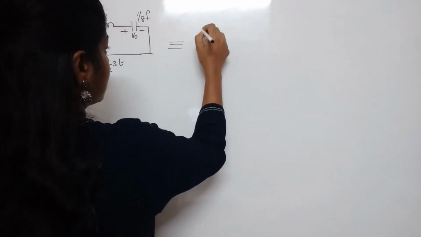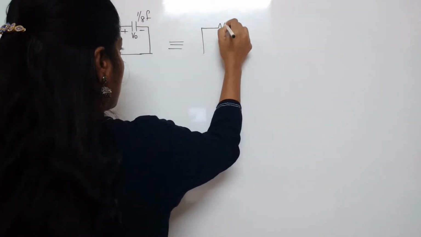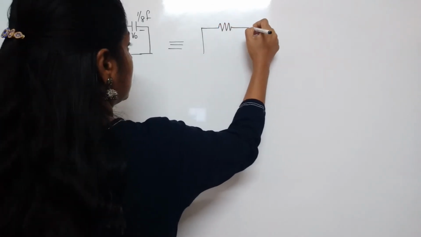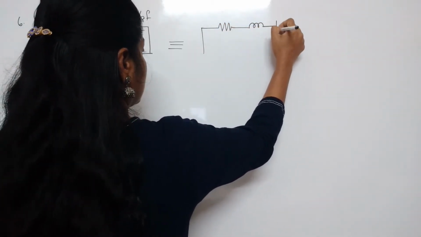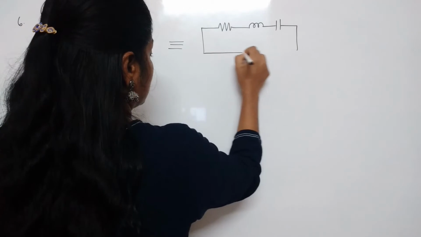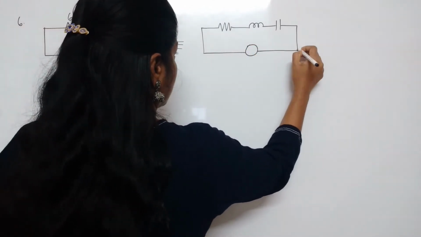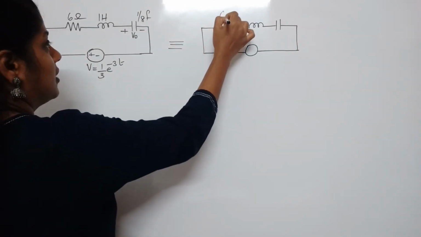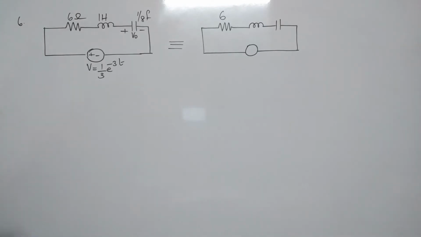So in S domain, R can be written as 6 itself.